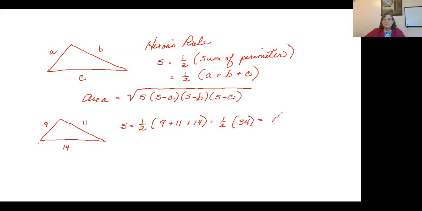Half of 34 is 17. So the area is going to be 17 times, I'll write it all out, 17 minus 9 times 17 minus 11 times 17 minus 14.